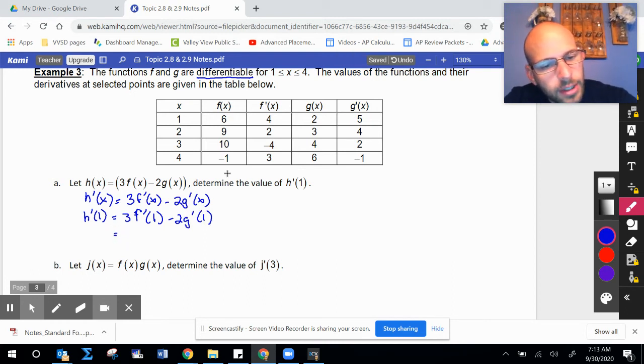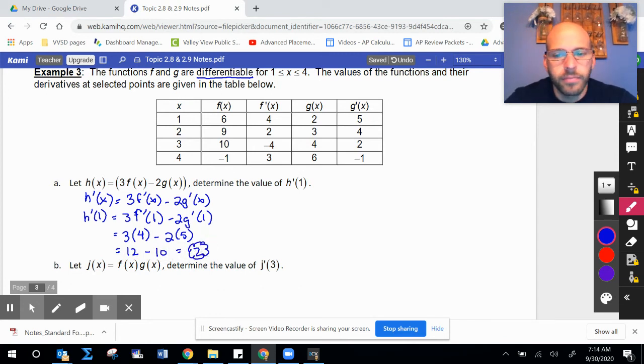Let's figure out what that's going to be. 3 times f prime of 1 is 4, and 2 g prime of 1 is 5. So I get 12 minus 10, which is 2. That would be my answer.